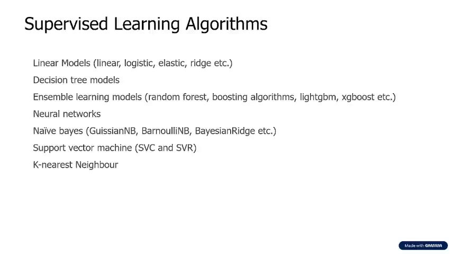Maybe the data set can use somebody's weight, height, and gender, and from that information you can predict the age of the person without knowing his actual age. Those types of analysis are what we call regression analysis. So in the linear model, logistic is the only one used for classification. All the other ones I mentioned are used for regression analysis.